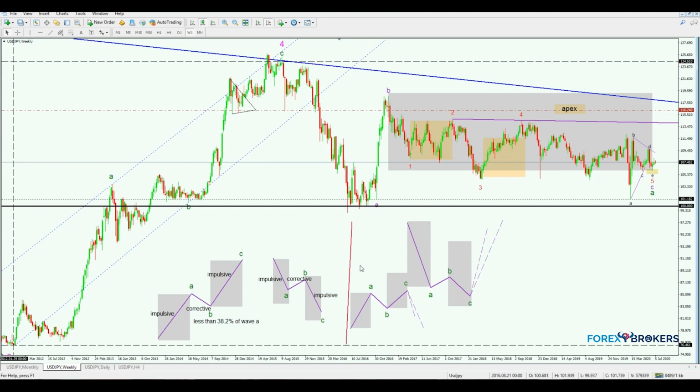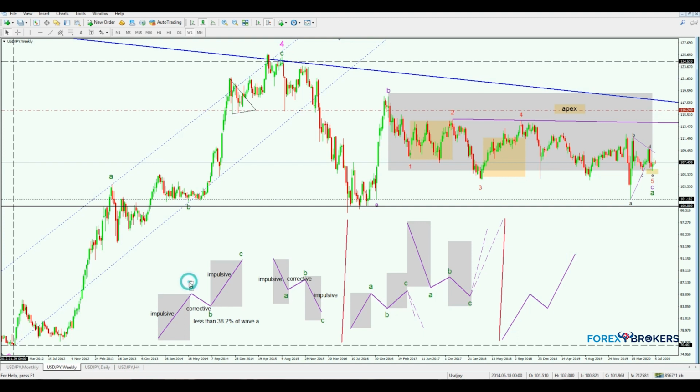Another type of zigzag would be the so-called normal zigzag, and this is the zigzag that forms most of the time. In a normal zigzag, this would be wave A. You have a B wave that barely retraces into wave A's territory, and the wave C like this.